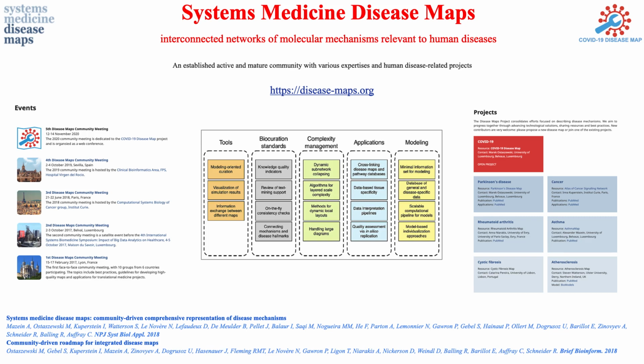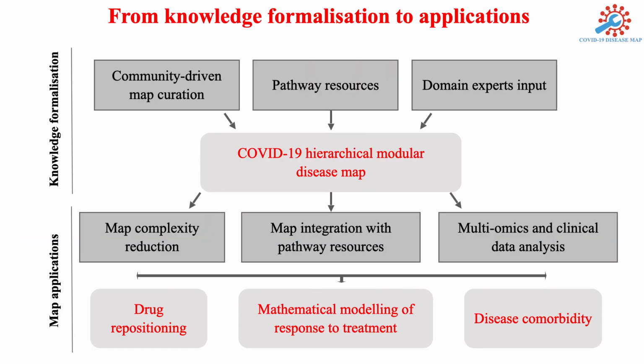The project aims to gather together the molecular information and then, using this map, to analyze the data from the disease and to suggest intervention points and drug repositioning. The project is open to the entire world, and indeed several teams from different countries joined us.